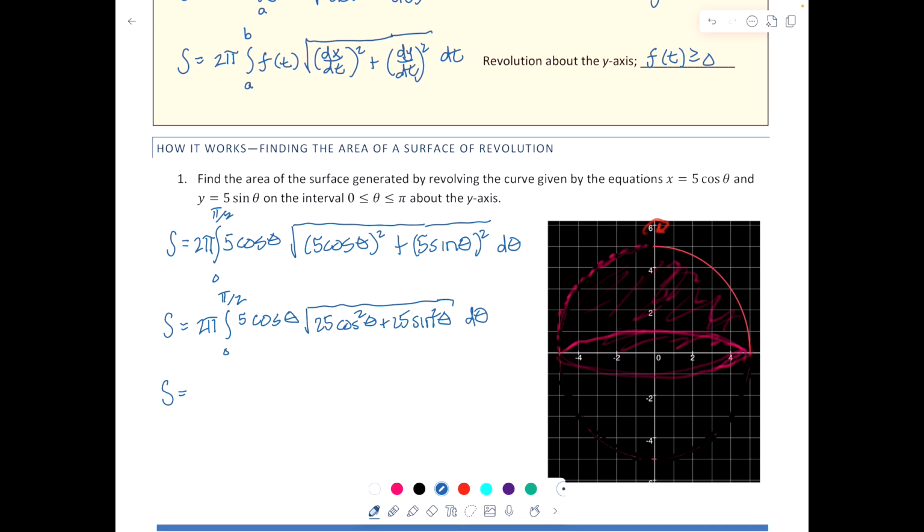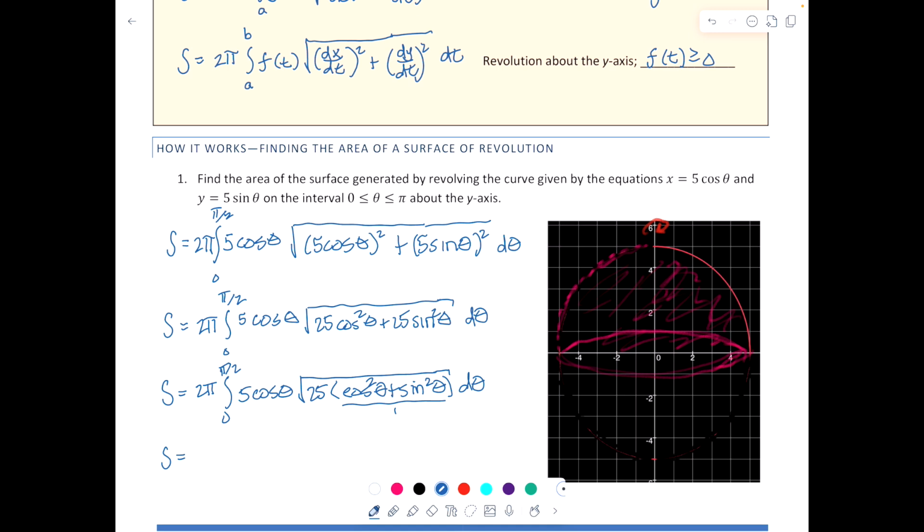And so S will be equal to 2 pi times the integral from 0 to pi over 2 of 5 cosine theta times the square root of 25 times cosine squared theta plus sine squared theta with respect to theta. And remember that cosine squared theta plus sine squared theta equals what? Awesome. That's going to equal 1. And so we just have the square root of 25, which is 5.